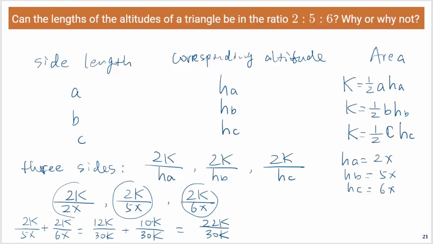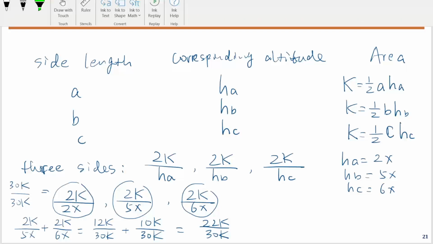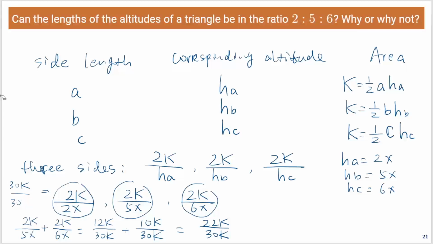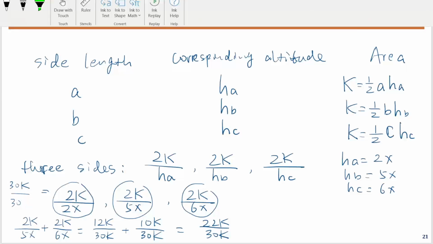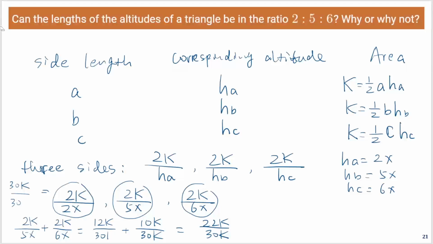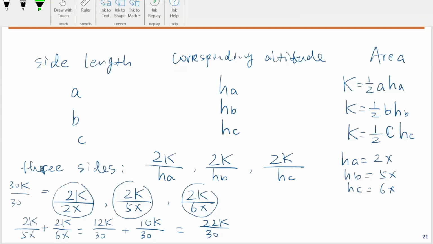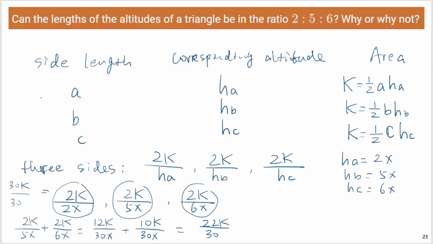And rewrite the other side using the common denominator 30x. Well, that equals 30k over 30x. Sorry, there's a typo here. That should be x, not k.